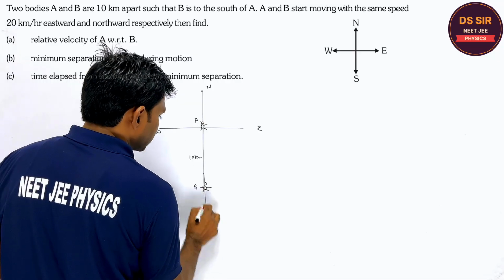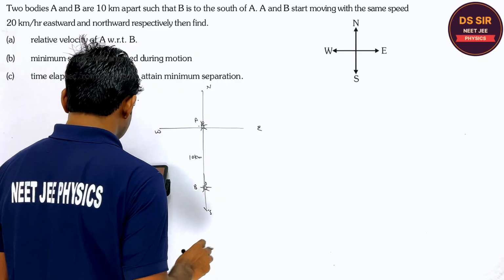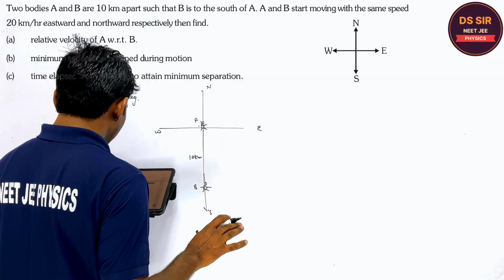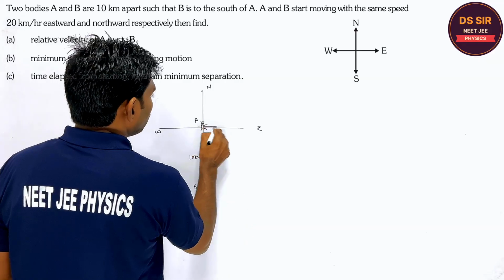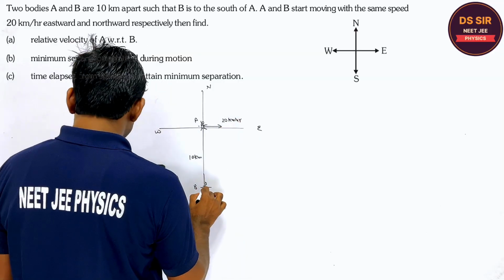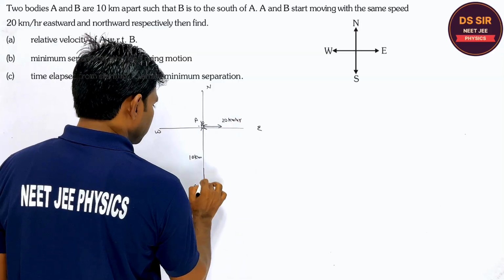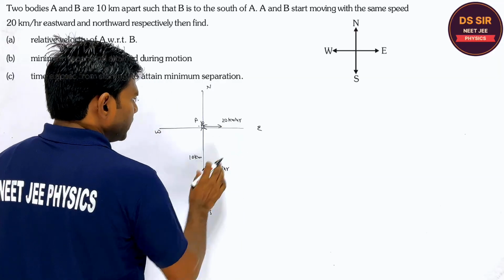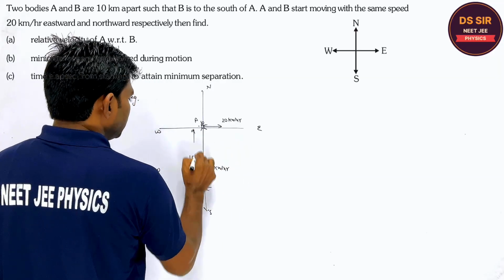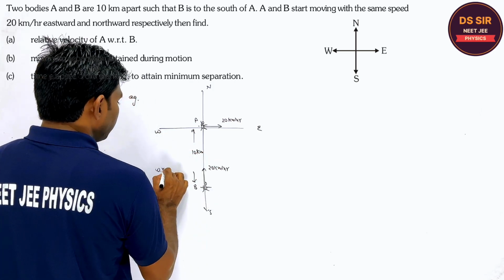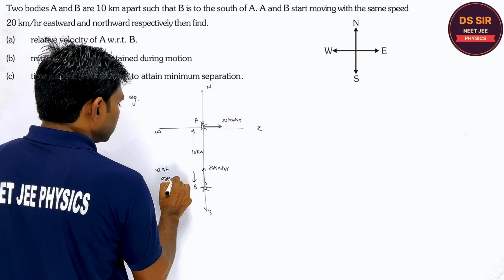This is the south direction and 10 km apart, and both are moving with 20 km per hour. It is moving towards east, fine, and it is moving towards north. Is it clear or not? You tell, right? This is the figure, this is the initial separation 10 km, right? This is the figure with respect to ground. Is it clear or not?